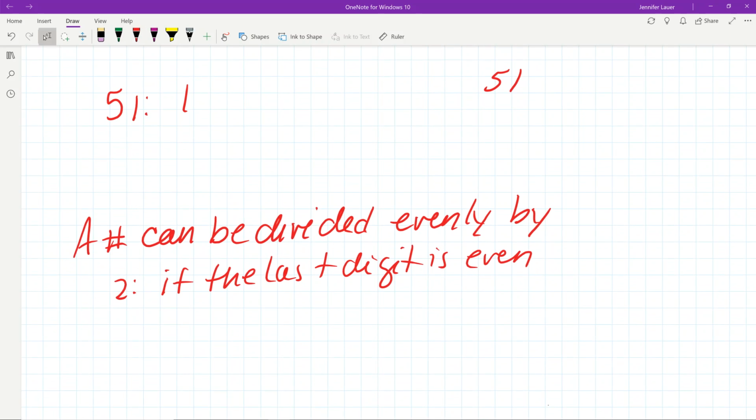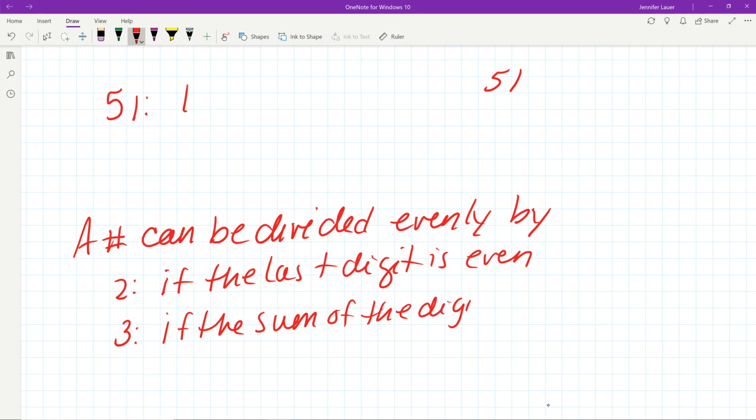But 3, it can happen. How? Well, if the sum of the digits can be divided by 3. So if we were to add 5 plus 1, that's 6.